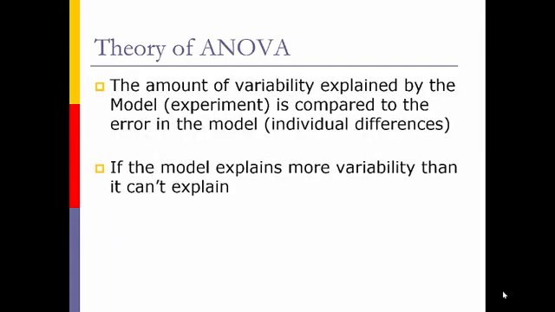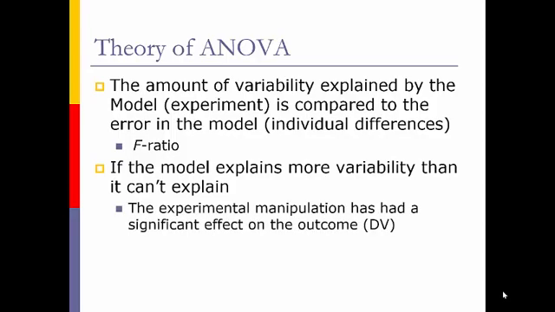All right, so the amount of variability that we have in the model, we're going to compare that to the error in the model through the use of an F ratio. If the model can explain more variability, that means that the manipulation did have a significant impact on the outcome. So that is what we want, and we're going to be able to figure out how that F ratio works.